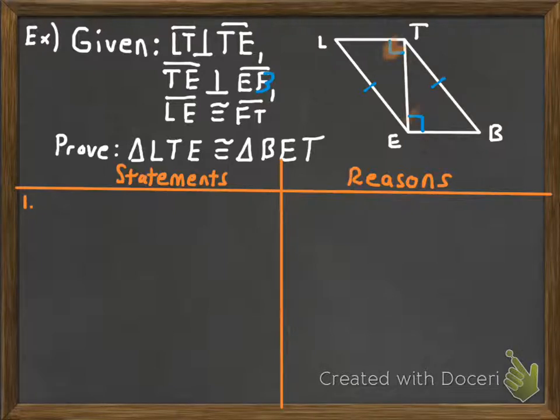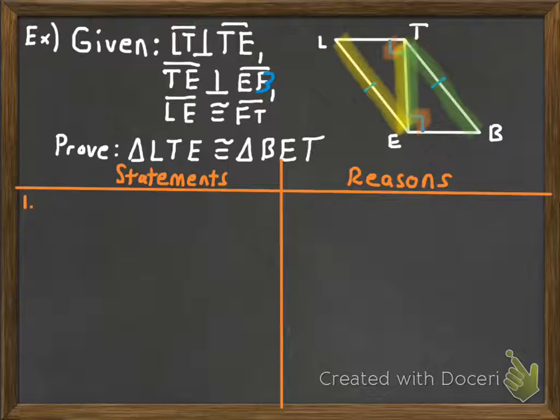There's a right triangle. There's a right triangle. And they've got a pair of legs that are congruent to one another, which just happen to be the exact same segment. Those are congruent. And then you've got the hypotenuses congruent to one another. So you'll be able to use the HL congruence theorem in order to prove that those triangles are congruent.